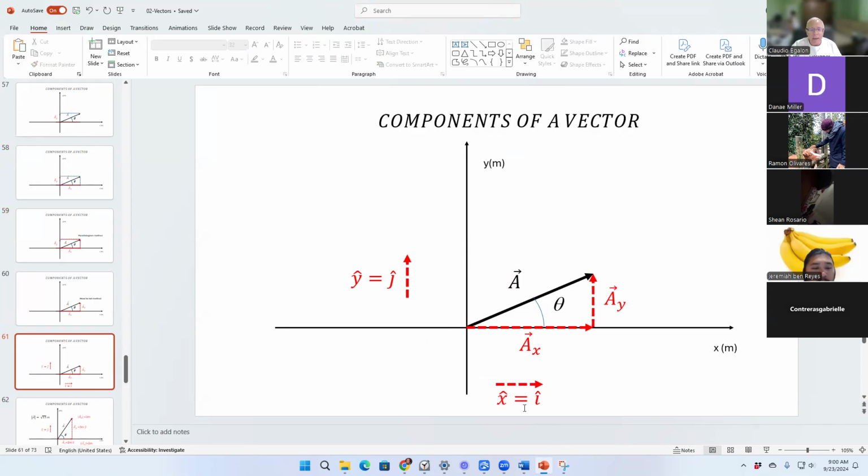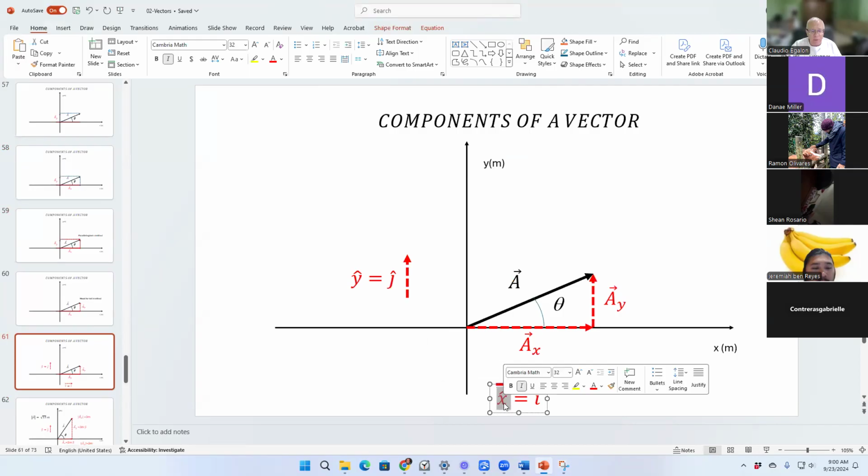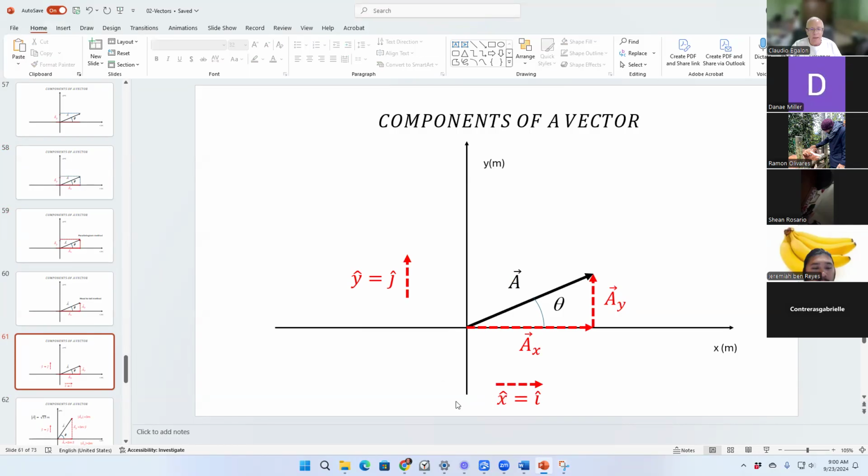Okay, and every unit vector is going to be denoted by this hat at the top. And why unit vector? We say unit vector so this guy doesn't change the length of the component of the vector. The magnitude of this unit vector is 1. So we don't change the magnitude of the component of the vector.